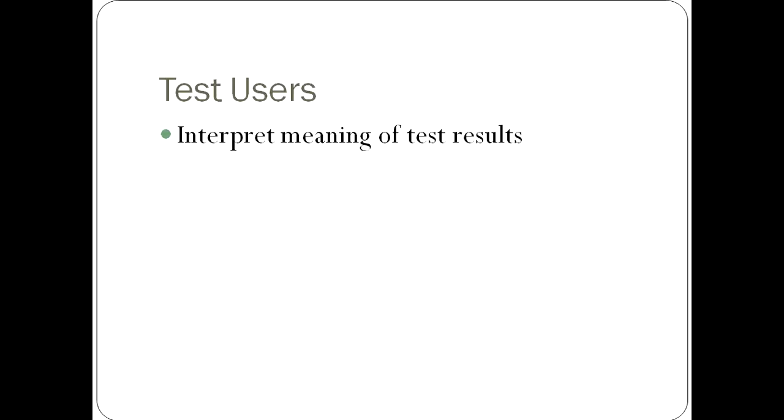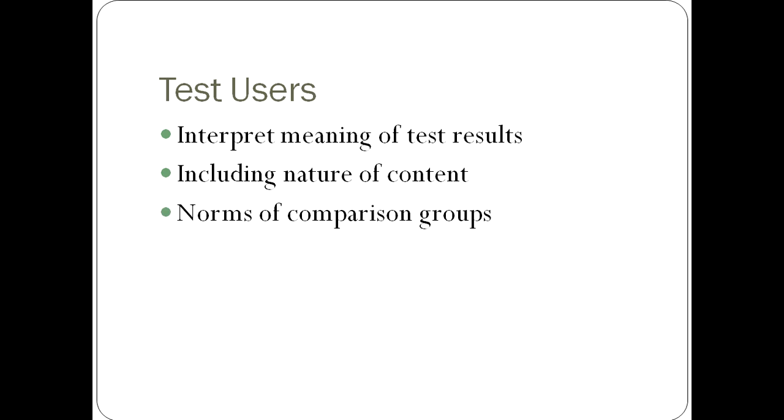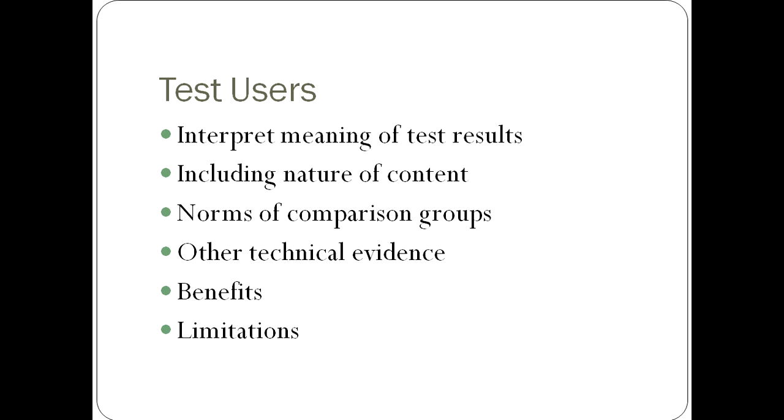Now, test users need to interpret the meaning of the test results, including the nature of the content. That's just understanding the content, understanding where the norms of the comparison groups came from, and any other technical evidence that might be important. They also need to be aware of the benefits of taking said test and the limitations.